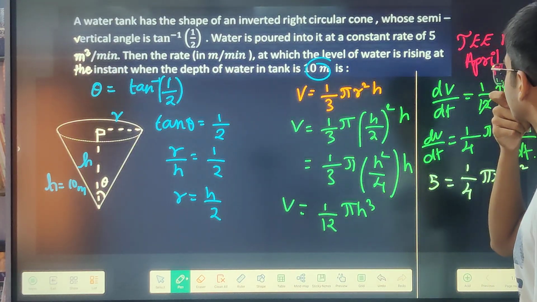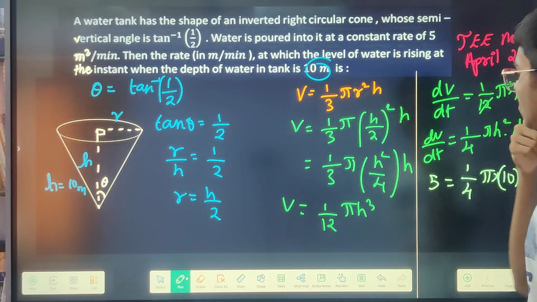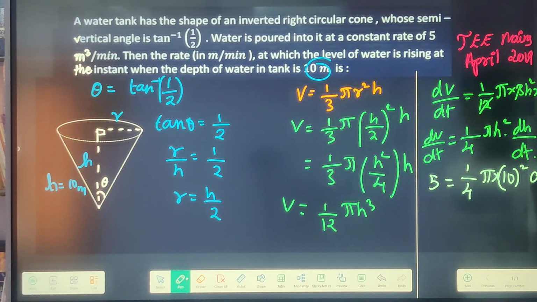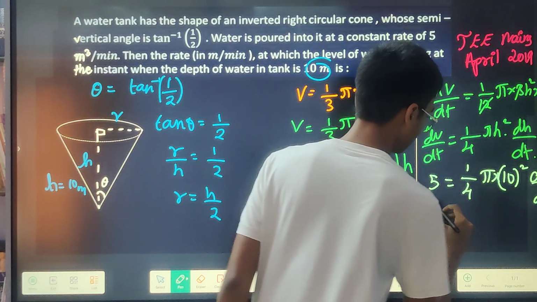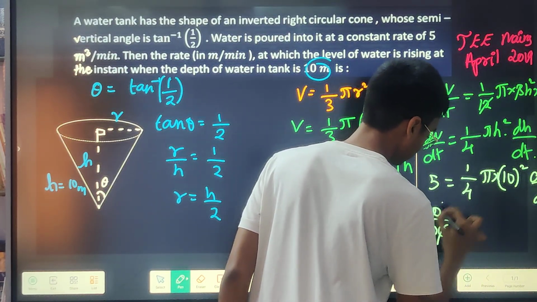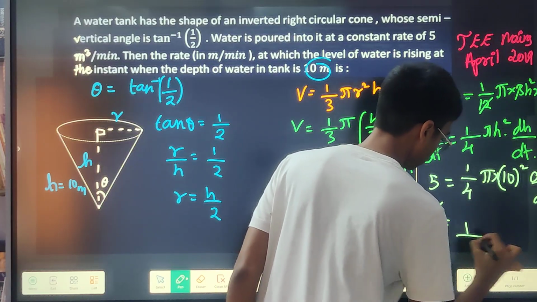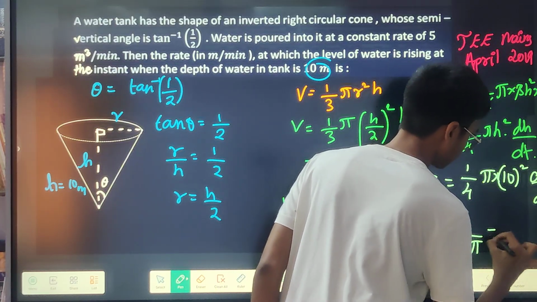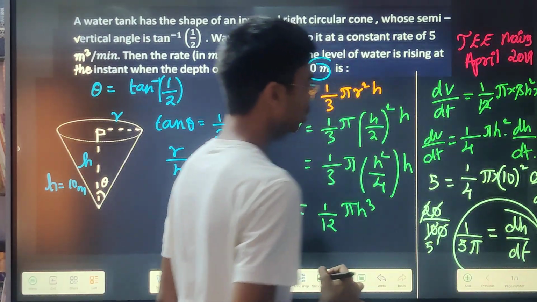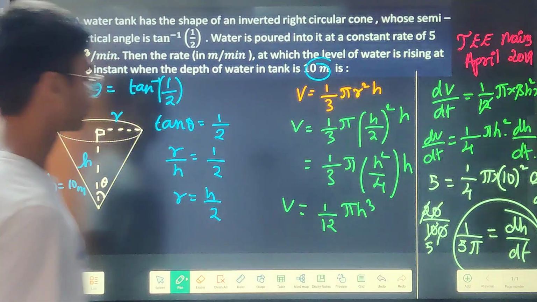What is dh by dt? That is what they are asking. Now it is going to be 20 by 100, so 1 by 5 pi is equal to dh by dt. So this is your answer.